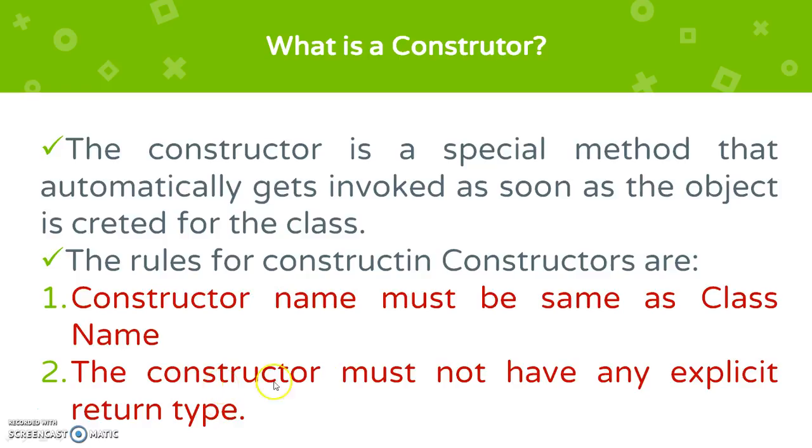Secondly, the constructors must not have any explicit return type, which is the most important one to be remembered before you create any constructor. So remember that every method in Java will definitely have a return type, at least void. But in case of constructors, void is also not required. So remember that no return type must be specified to a constructor.